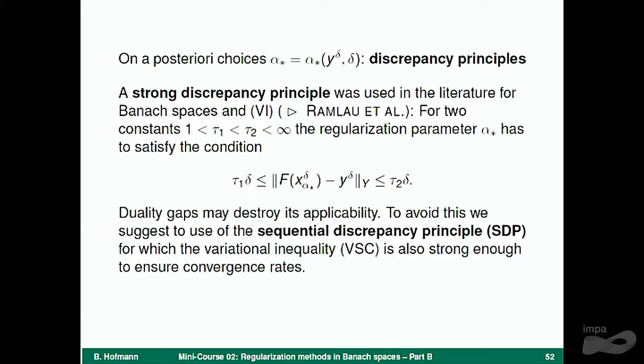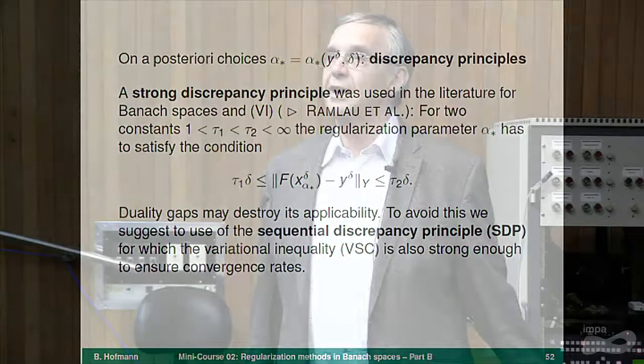Now, some words, a very small number only, about the parameter choice. You can choose the regularization parameter a priori, but a priori choice is always a problem. You can choose the regularization parameter a posteriori if you have the noise level delta available.